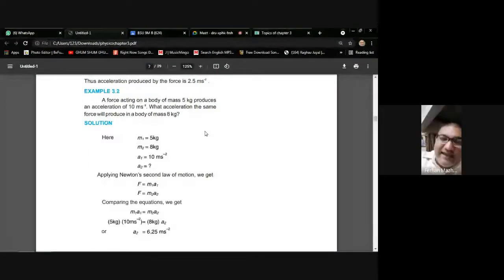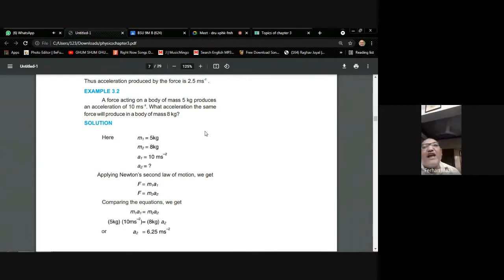We have body A, we have body B. Mass 1 is 5 kg, mass 2 is 8 kg. The acceleration produced in the first body is 10 meter per second square. So we will apply Newton's second law of motion on the first body, and that will give you the force.